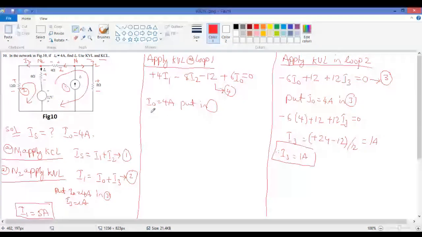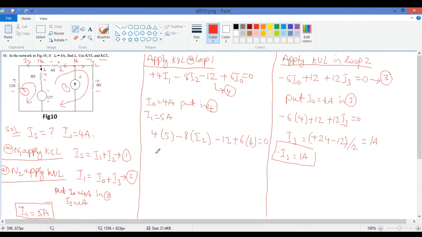We'll put I0 equal to 4 and I1 equal to 5 ampere in equation 4. We get 4 into I1, which is 5, minus 8 into I2, I2 is not known, minus 12 plus 6 into I0, I0 is 4, is equal to 0.